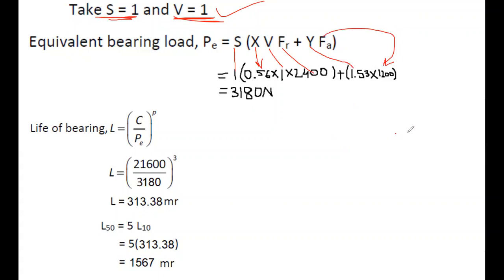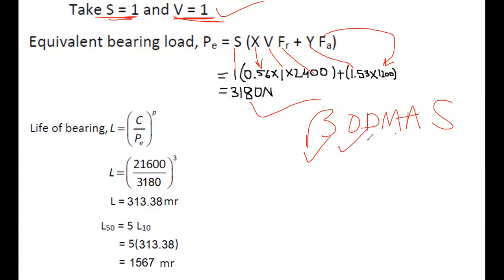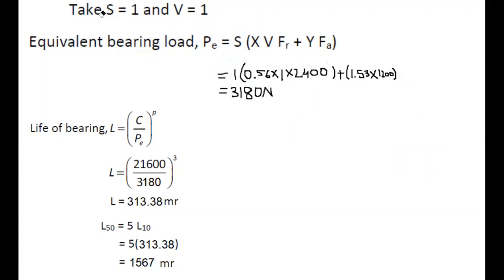FA is given in the numerical. Do the calculation by the BODMAS rule: remember to keep in mind brackets, division, multiplication, addition, subtraction. First you have to do division, then multiplication, then addition, and then subtraction. So guys, now let us proceed further.